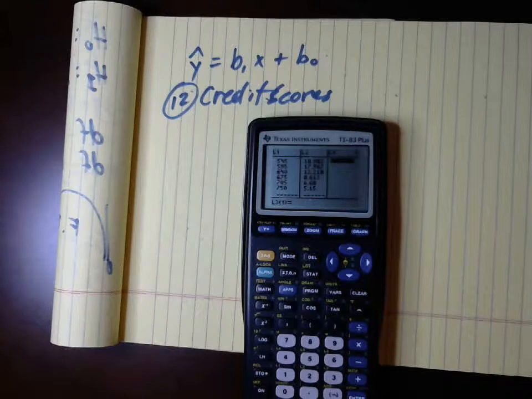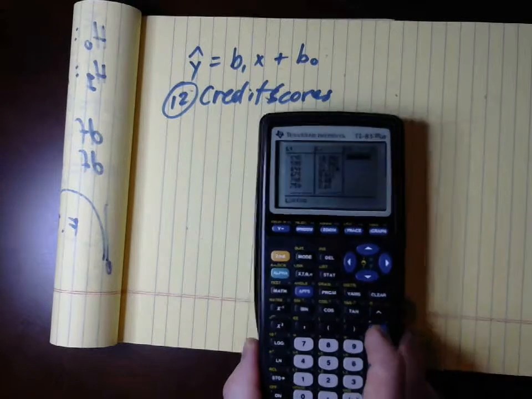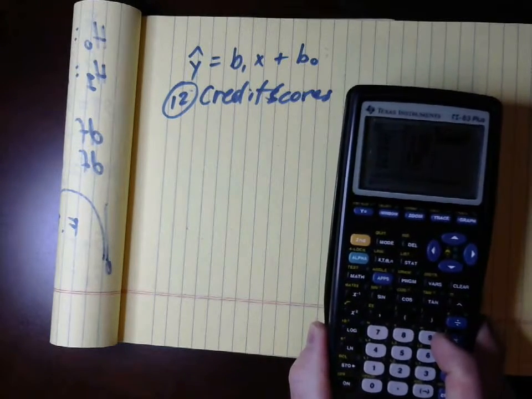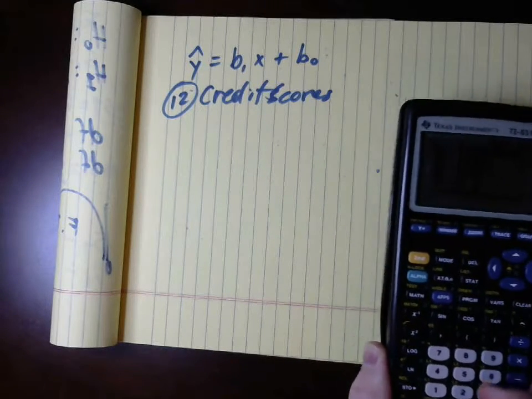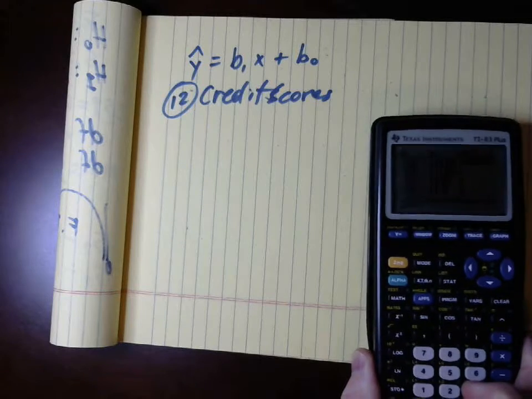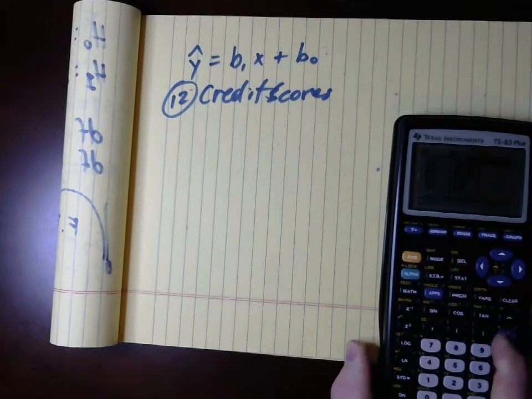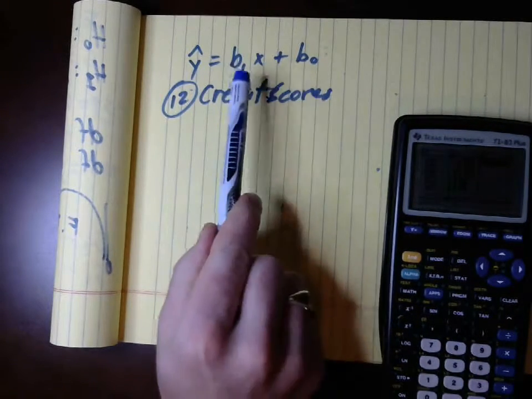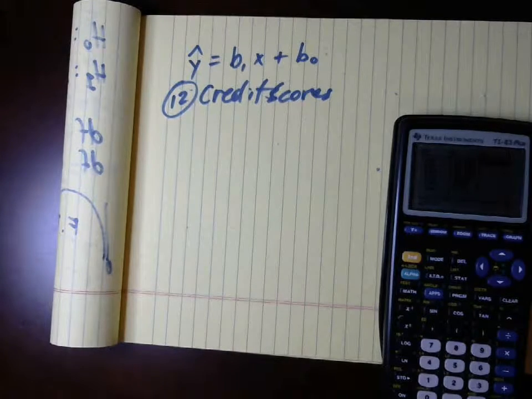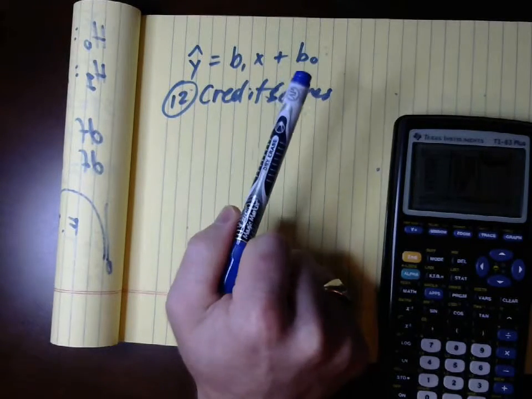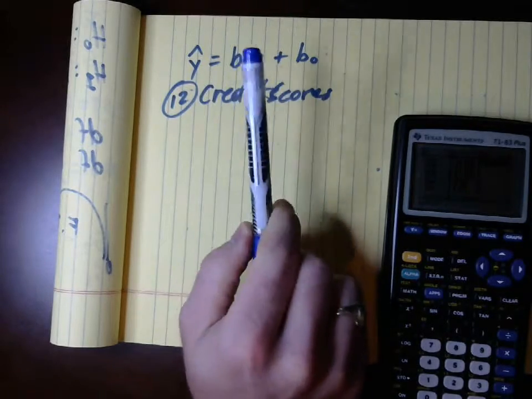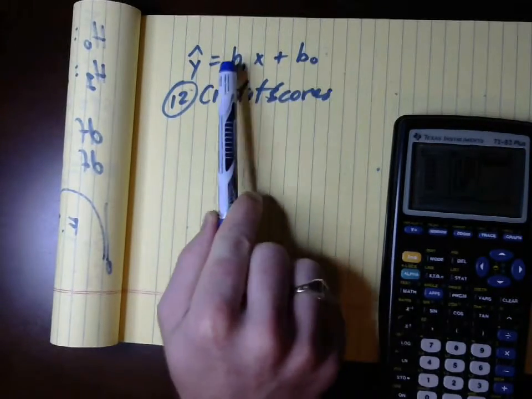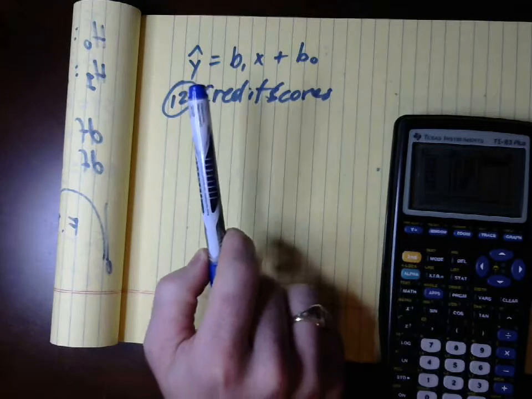Part A of the problem is treating credit scores as the explanatory variable x to determine the estimates of beta0 and beta1. The betas represent the population parameters of each of these, and we're trying to estimate what the population parameters are.